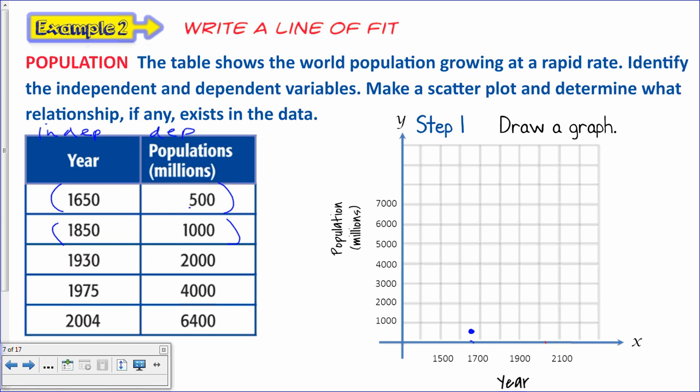Then my next point, 1850, 1800, then it goes up to 1000. Okay, 1930, a little bit over that, and then up to 2000. 1975, 4,000, you got right here.